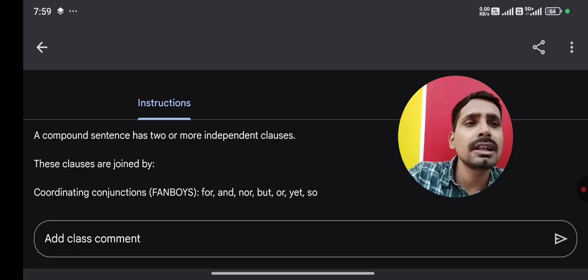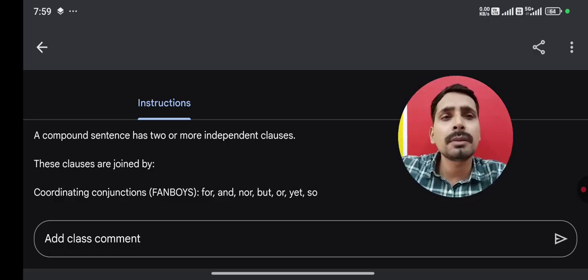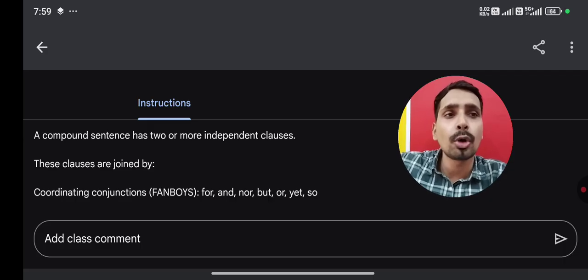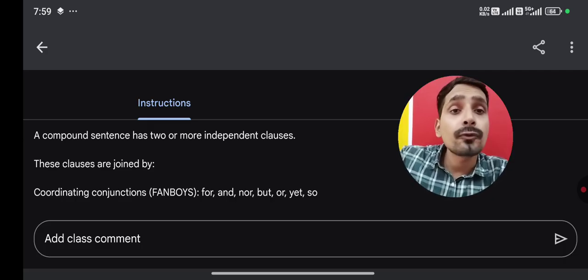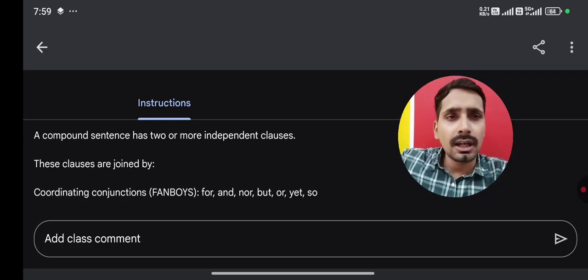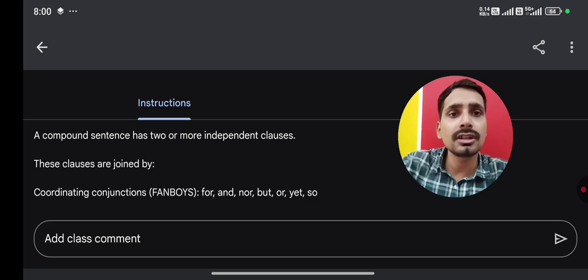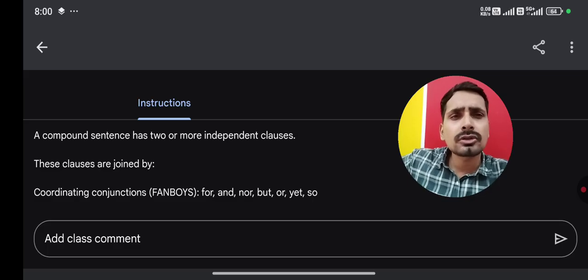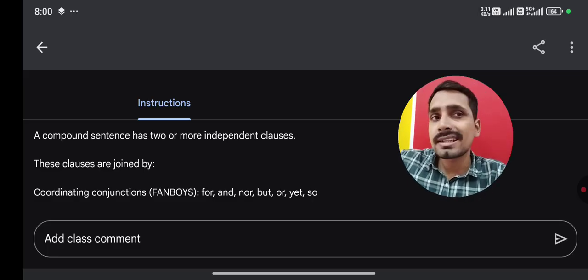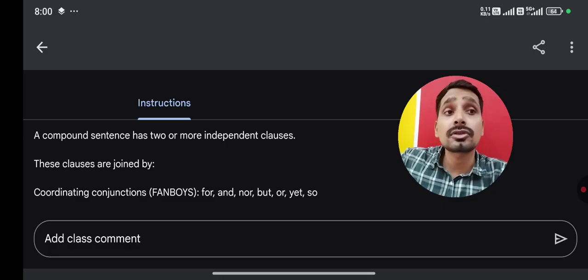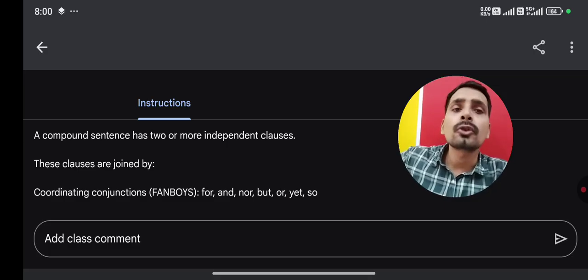If you want to remember these coordinating conjunctions, you can remember the keyword FANBOYS. Can you see here on the screen? F stands for for, A stands for and, N stands for nor, B stands for but, O stands for or, Y stands for yet, and S stands for so.